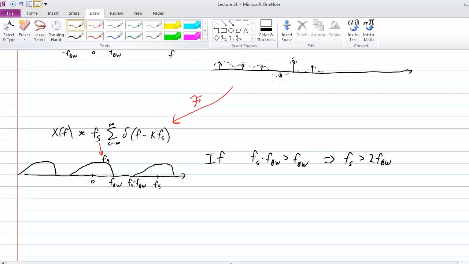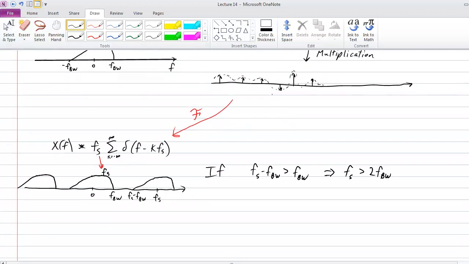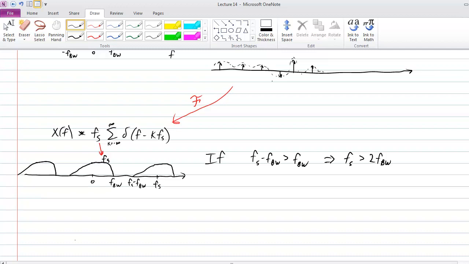Okay, and notice that if we didn't have that, we'd have something like the following. We'd have this thing, but if our sample frequency was too low, that would overlap, right?